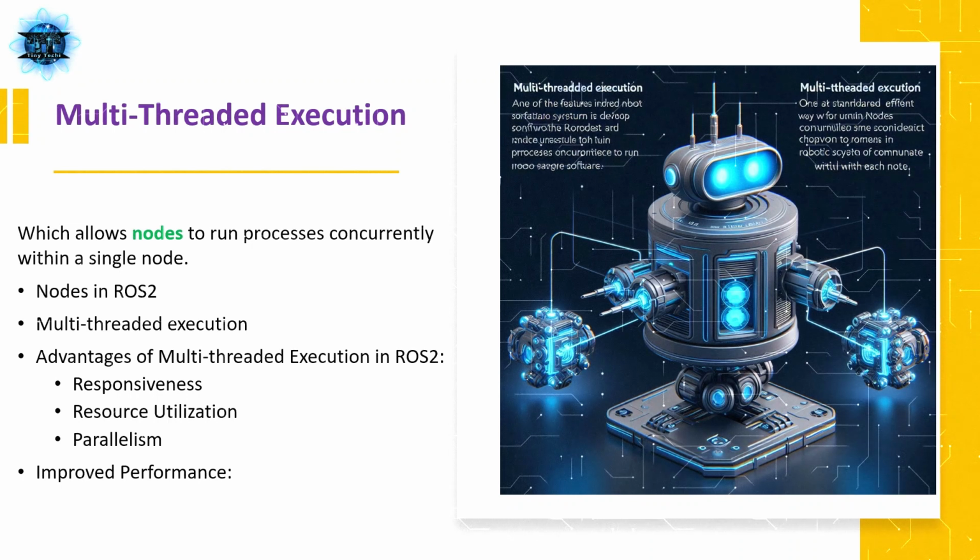It's like everyone in a group project doing their part at the same time instead of one after another. So the robot with ROS2's multi-threaded brain can think and act more quickly, use its resources better, and get tasks done faster. It's like upgrading from a single worker to a team of workers in the robot's brain.